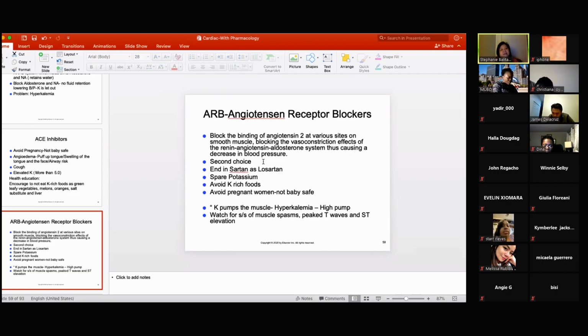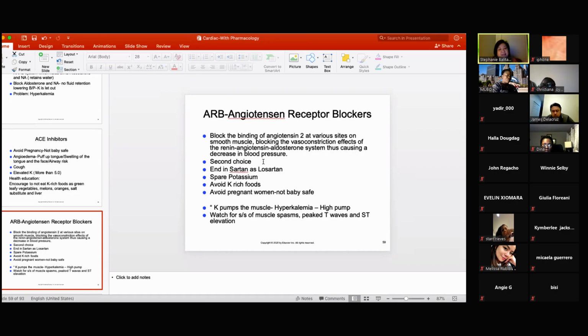So when vasoconstriction is not occurring, blood pressure decreases, right? Because you're not fighting with blood vessels. So remember, if the blood vessel opening is little and you have to put so much effort to go through, but now they're receptor blockers, they're blocking angiotensin 2. Just say they're blocking vasoconstriction. And because of that, the blood pressure decreases.